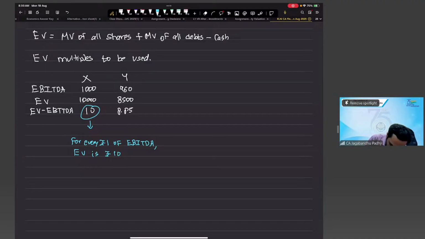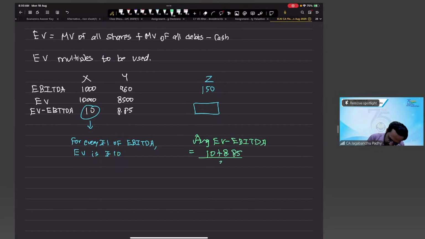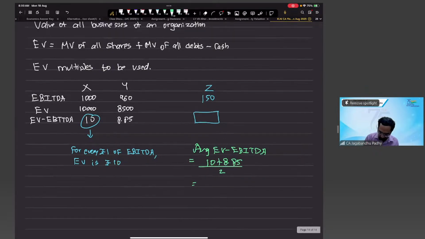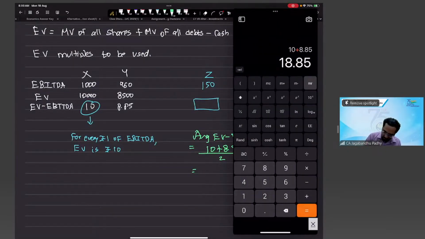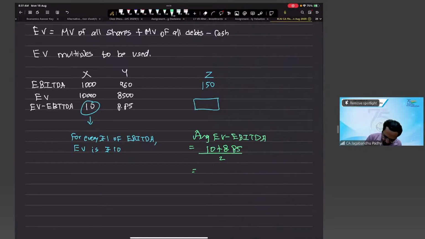Now, let's say I want to value another company, Z, with an EBITDA of 150. What EV EBITDA multiple should I take? Of course, take an average of both of them. So the average EV EBITDA multiple is 10 plus 8.85 divided by 2, which is 9.425.